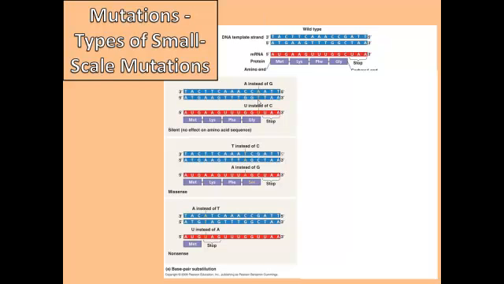This has led to the wobble theory for tRNAs. In other words, the tRNA binds more strongly with the first two nucleotides between the anticodon and the codon, and it kind of wobbles on the third one. This allows for mutations to happen that result in silent mutations.